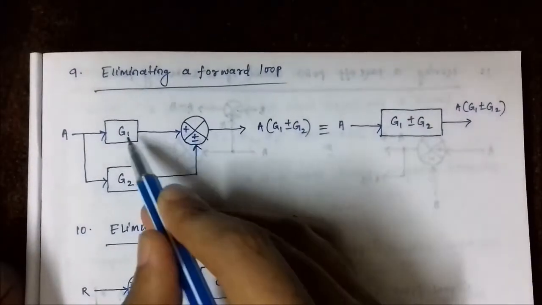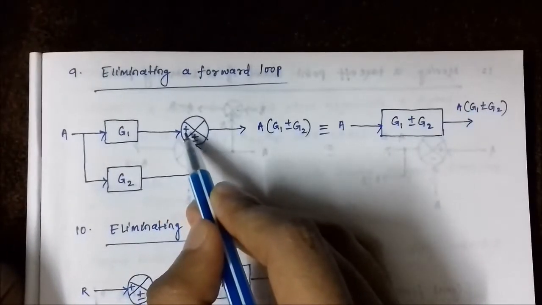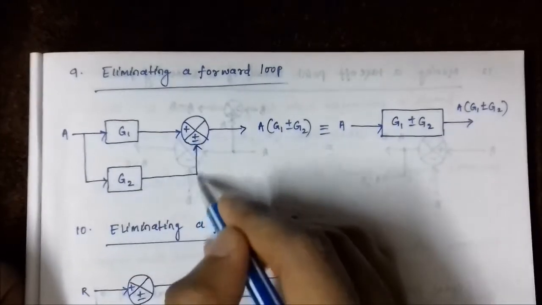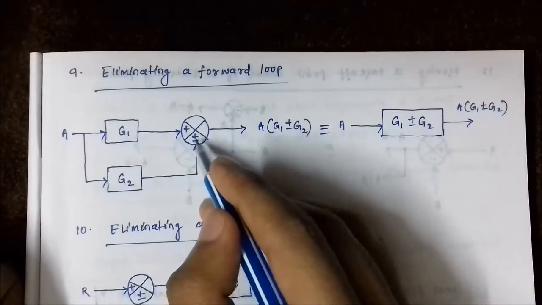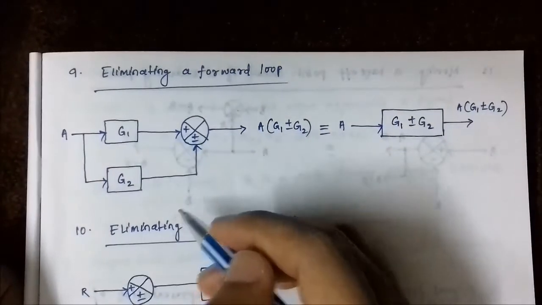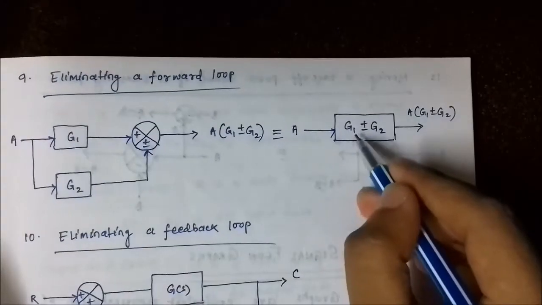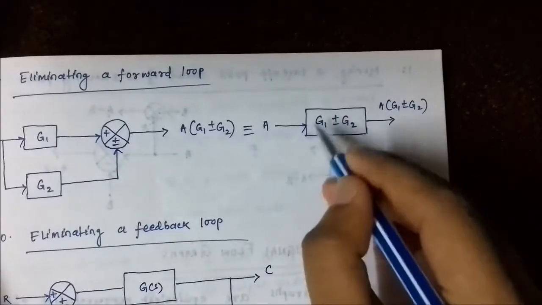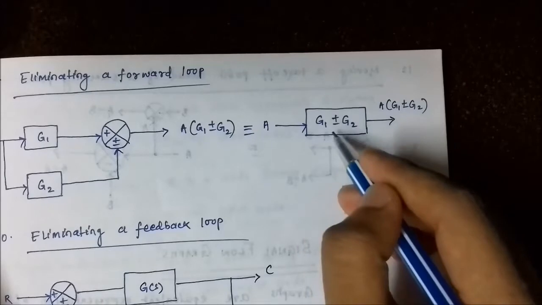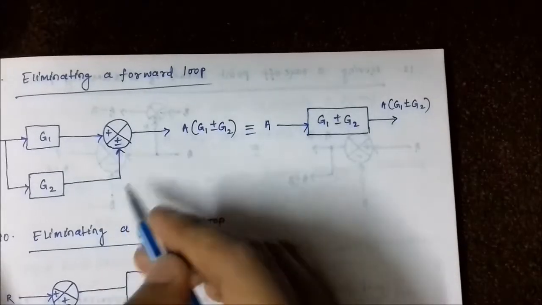Here one of the blocks is fed to a positive signal, and another block is fed to a positive negative signal. So it means that it can either be positive or it can be negative. So the block reduction, the simpler version, will be G1 plus minus G2 depending upon this sign.